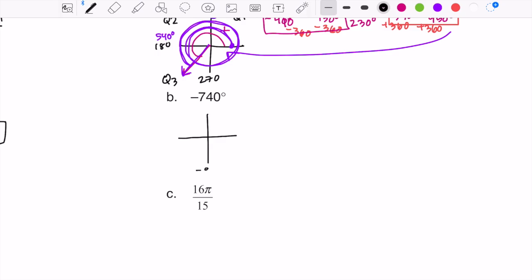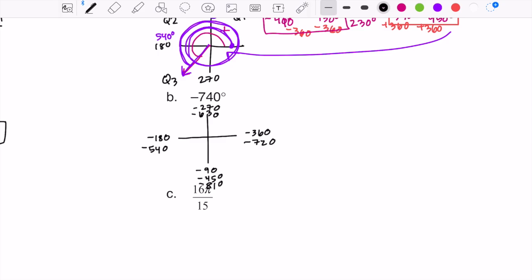So this is -9, -18, -27, -36, -45, -54, -63, -72, -81. And I counted by nines, but we know all of these have a 0 on them.